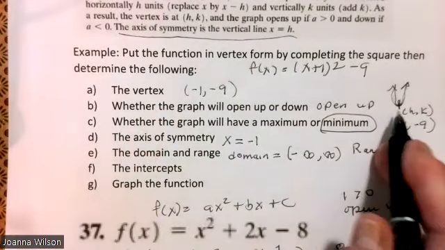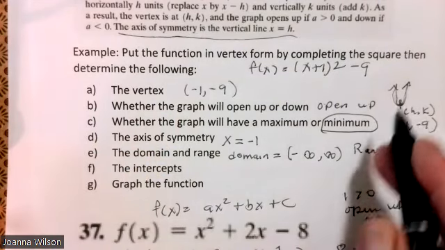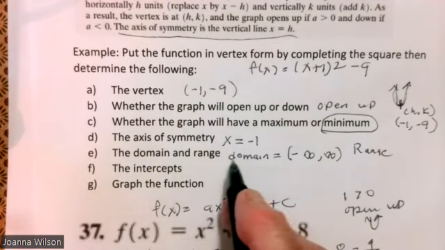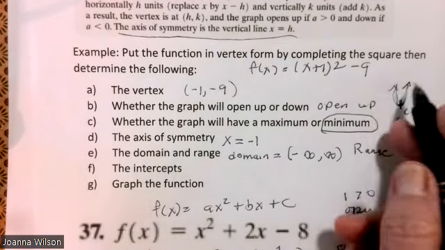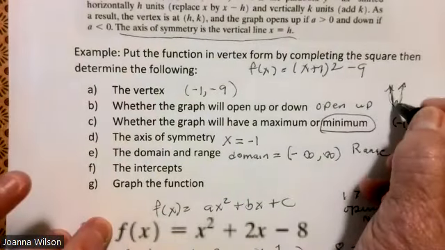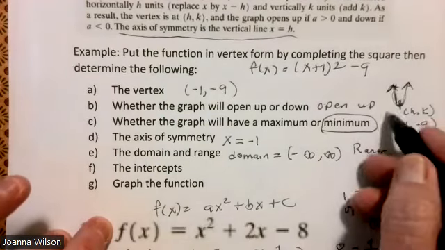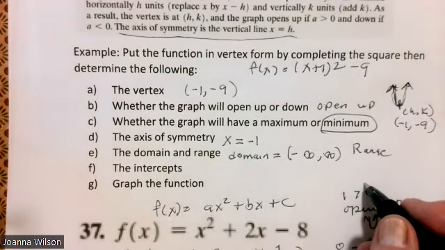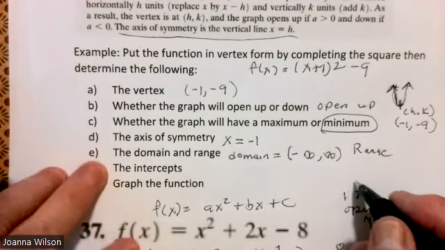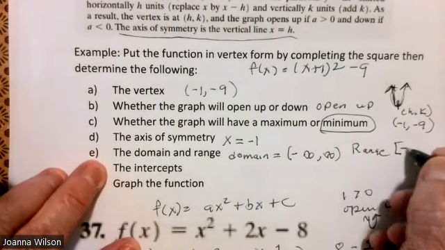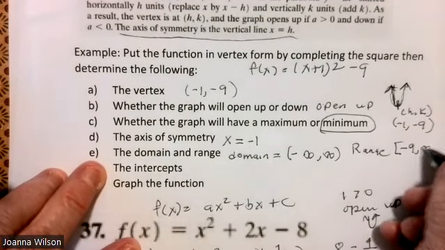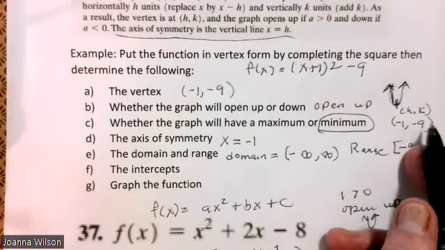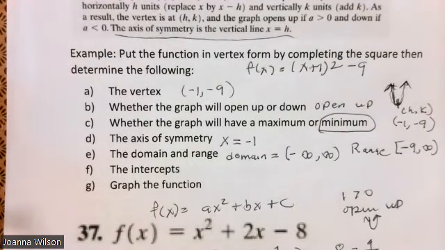The y value, and so when you're talking about range, that's what the y value is doing. When you're talking about domain, that's what the x value is doing. The x's are going to keep going, but the y is only going to go down to right here. So the way you say the range is that it's going to go from -9 to infinity. I included -9 because it does actually have a point where the y value is -9.